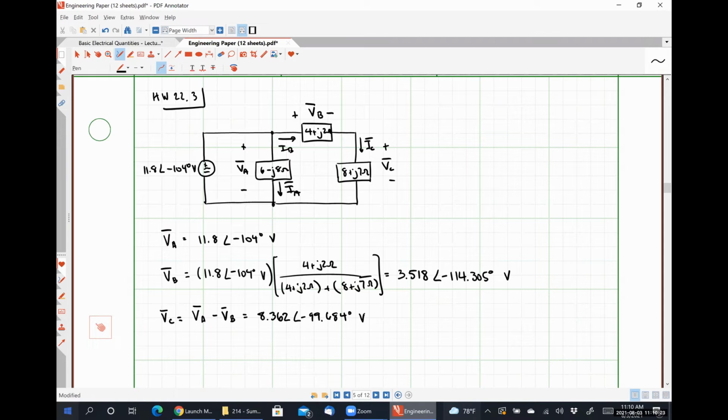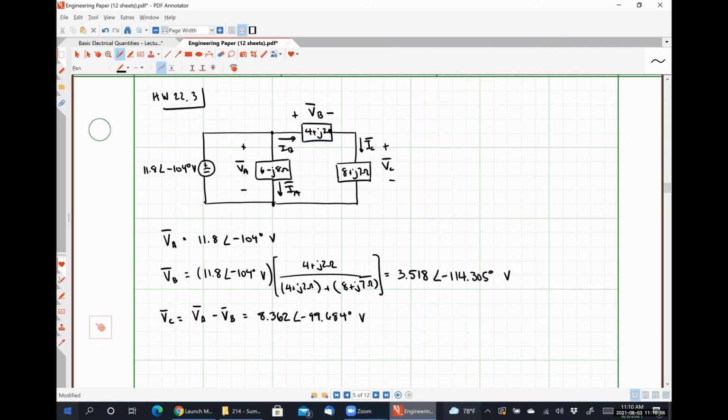How might we go about solving for all three of our currents? Could we not just take the voltage that we found, maybe take VA, and multiply it by 6 minus J8 to get the current IA? You are incorrectly applying Ohm's law.